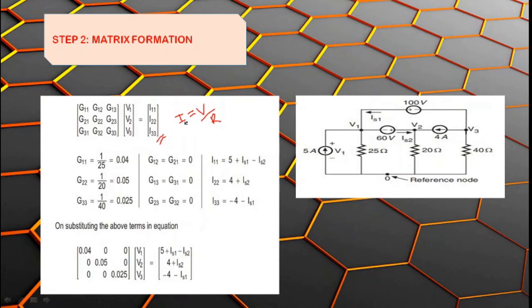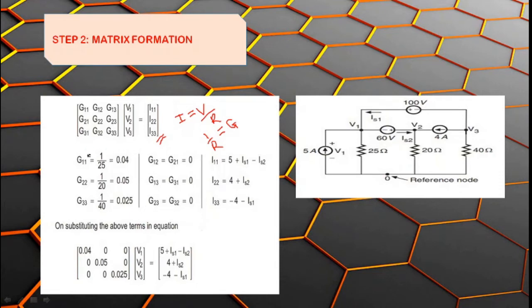Now what happened to my R, that is 1 by R. So instead of 1 by R, we have the G matrix. 1 by R is nothing but conductance. The reciprocal of resistance is nothing but conductance G. So that is why we have used the G matrix here.